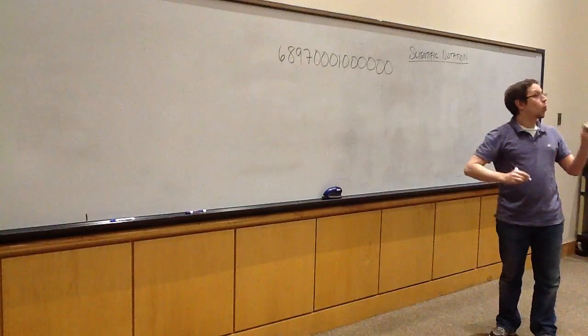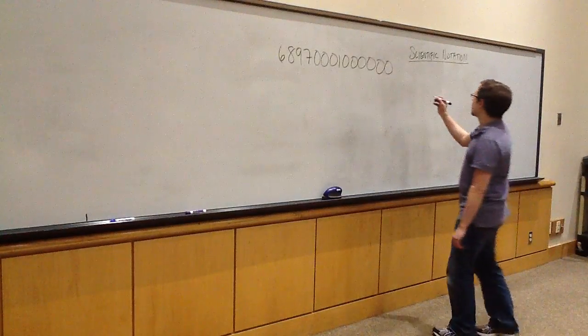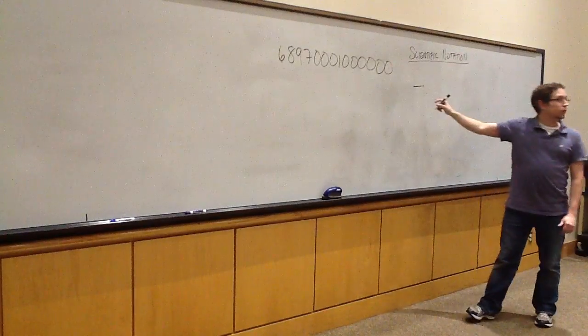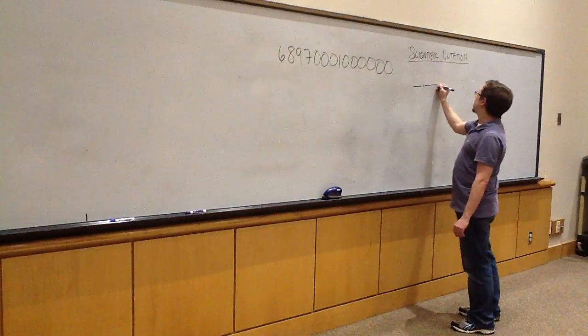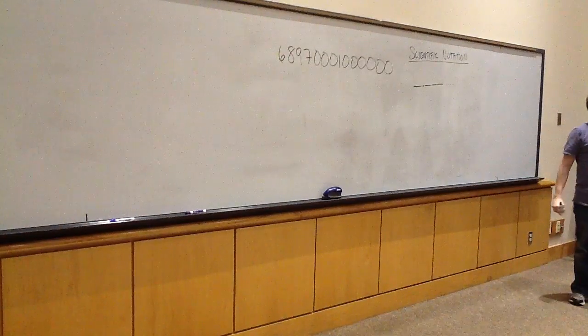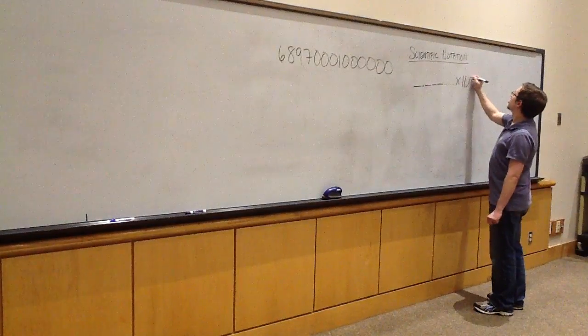And there's a specific way you're supposed to write scientific notation for this class. And it is as follows. You should have a single digit followed by a decimal, followed by however many non-zero numbers there are, with the exception of a few zeros which we'll talk about in a second, times 10 to some exponent.